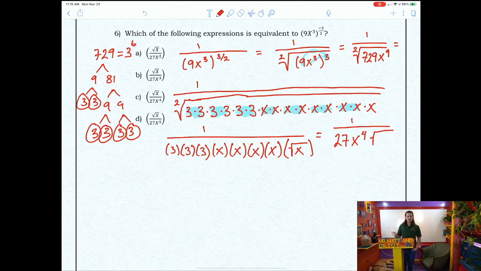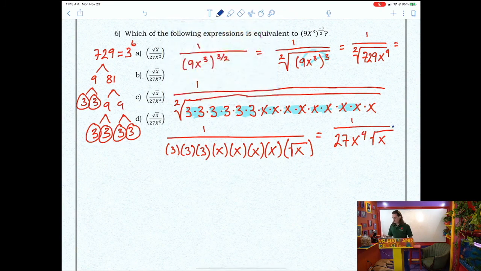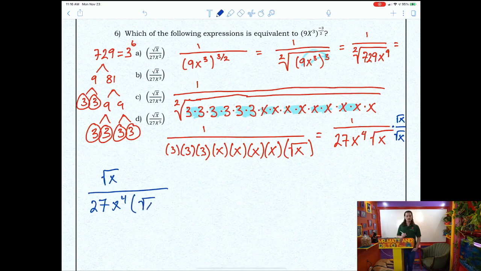That's not an answer selection, so we have to rationalize the denominator here. I'm going to do that by multiplying by root x over root x, multiplying by the radical itself. So that's going to leave me with root x over 27x to the fourth times root x squared. Root x times root x is root x squared.